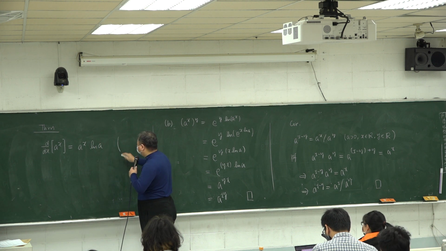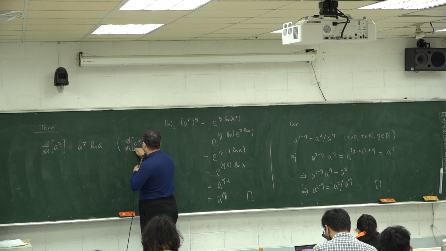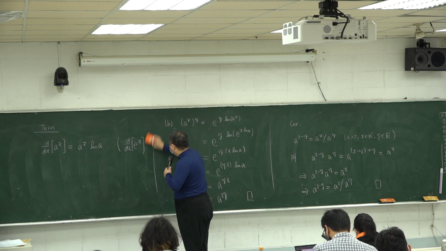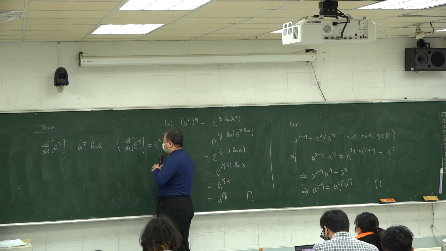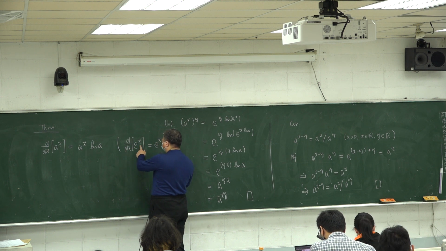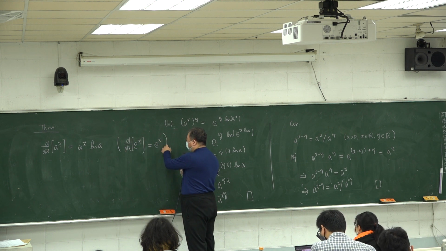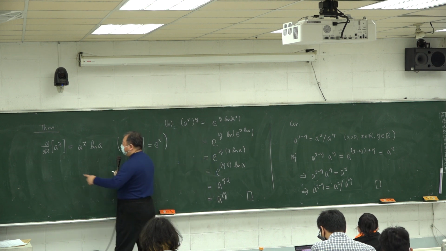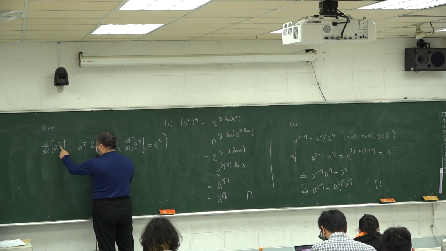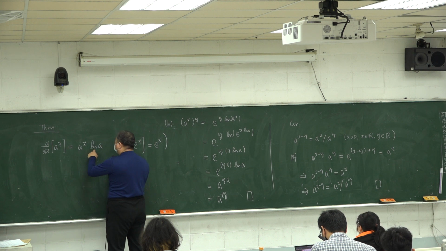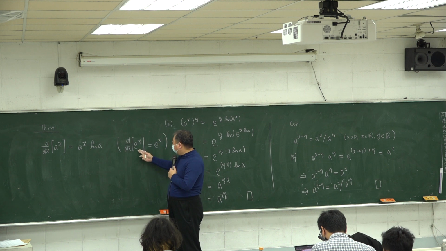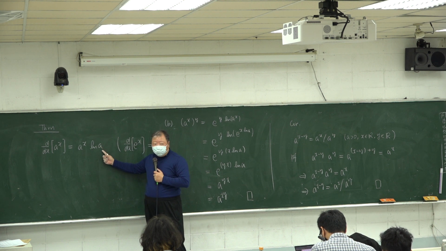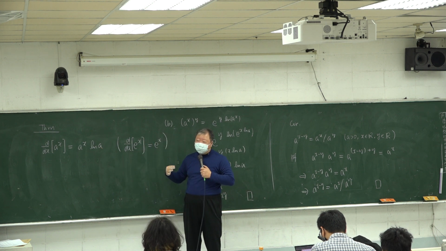Yes, compare this with this formula. So, the derivative of e to the x equals e to the x itself. But here, the derivative of a to the x equals itself times ln of a. Of course, when a equals the particular number e, ln of e is 1. So, consistent.